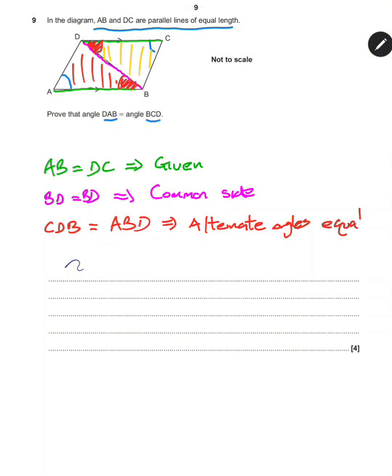So I'm just going to write that down. So triangle BDC is congruent to triangle ABD. And the reason is side angle side.